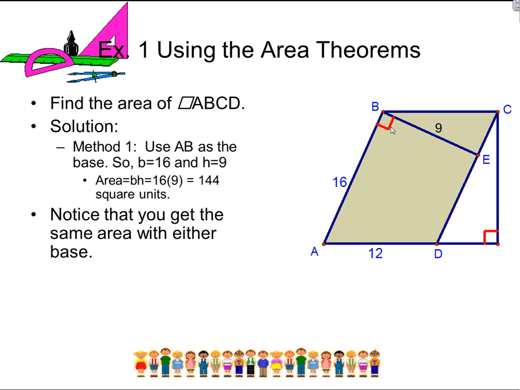The height is the perpendicular distance between the two bases. Does that make sense? So then I would just have 16 times 9 is 144. It all depends on which side you consider to be the base. In this case, there's definitely one way that's preferable. It makes it much easier.